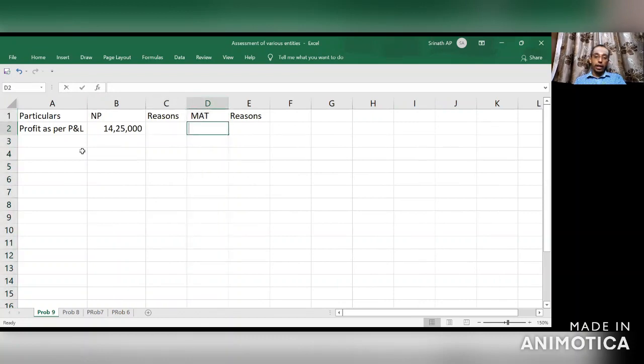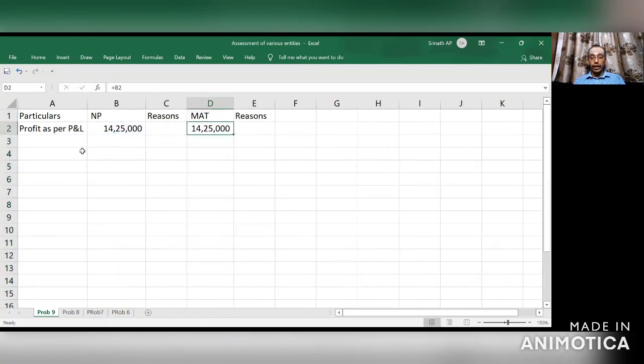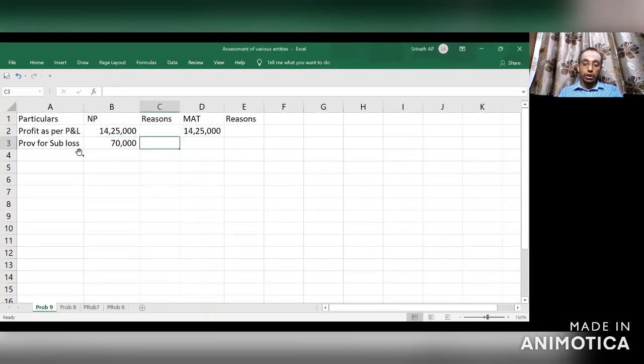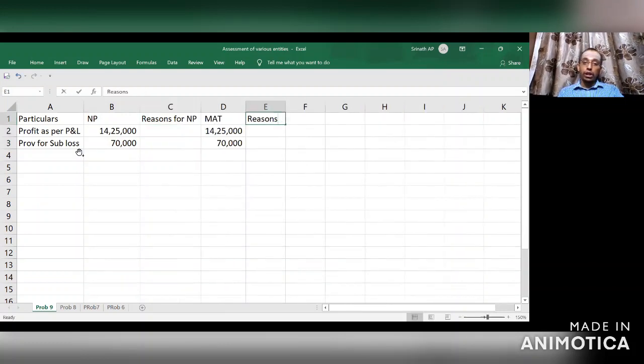Same thing we have got for MAT also, 14,25,000. That cannot be changed, the profit as per P&L. First, provision for subsidiary loss. In both the cases it has to be added, 70,000. This is the reason for normal provisions, and this is the reason for MAT.